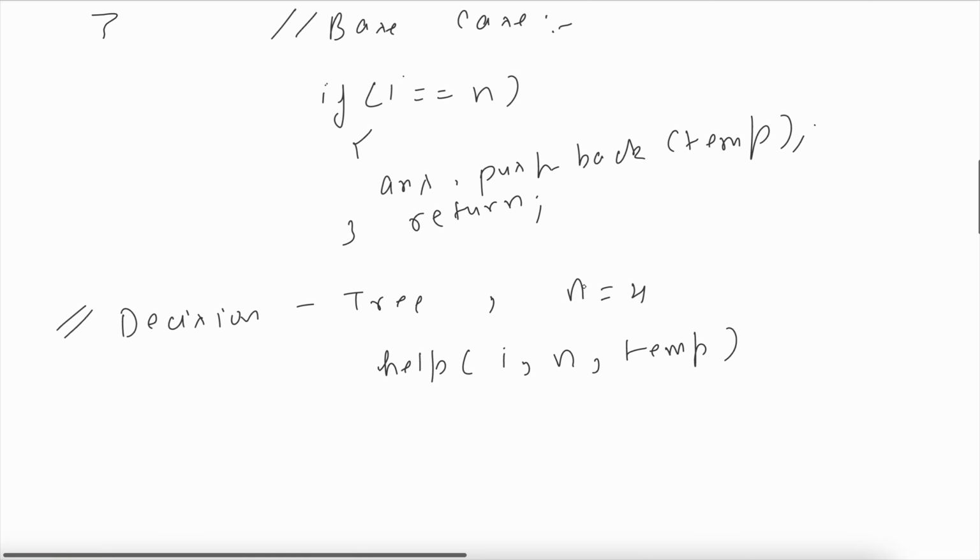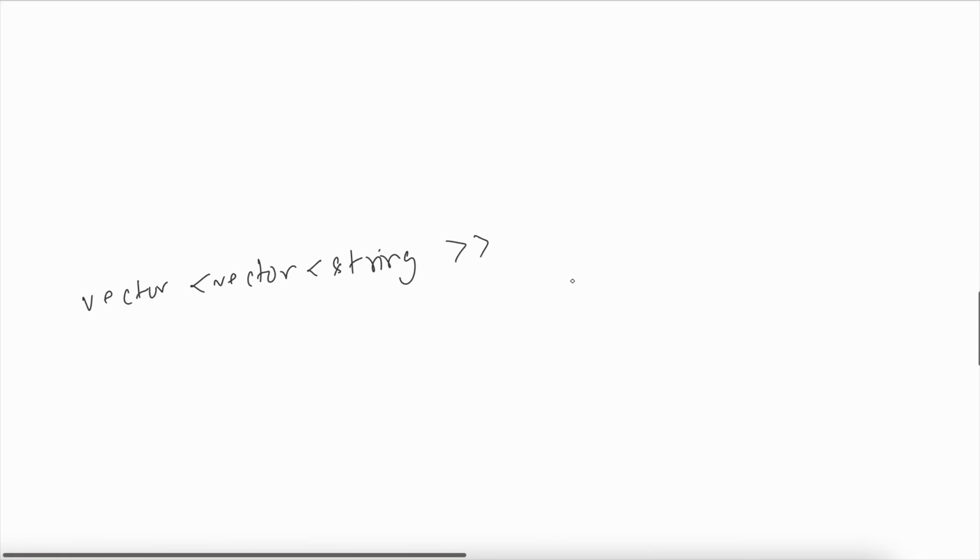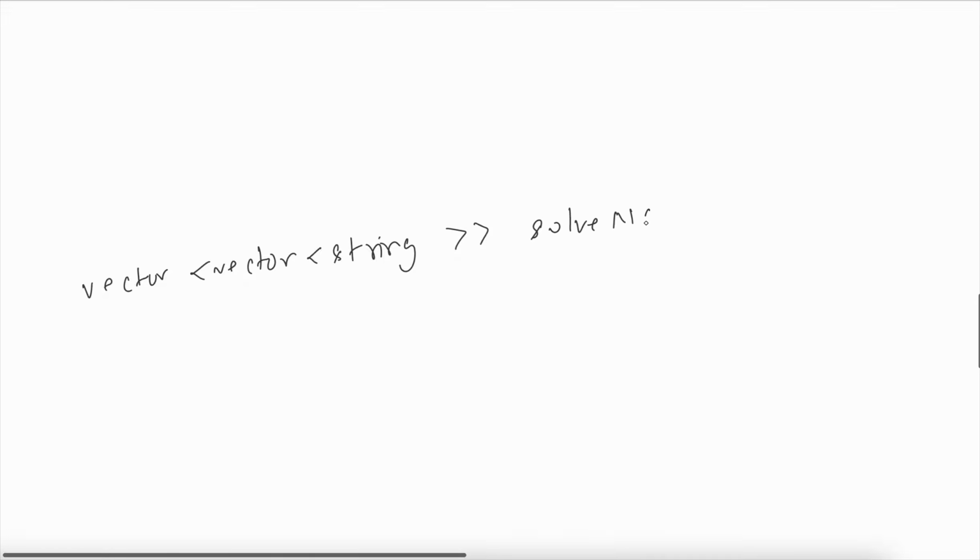Before that, what is our main function? Our main function looks like this. We have a vector. This is solveNQueens.